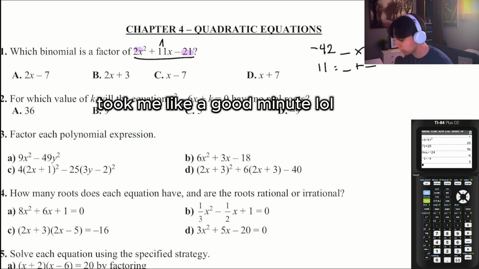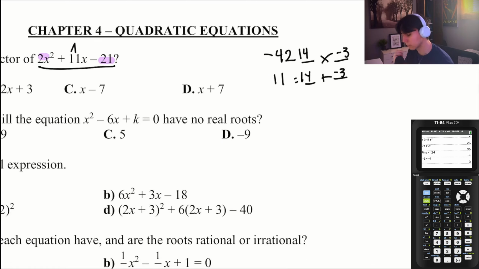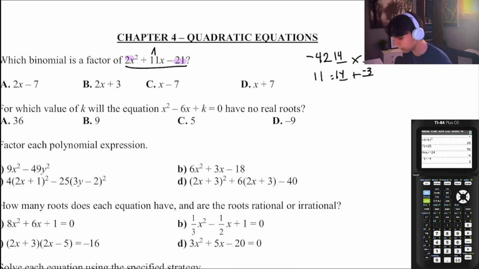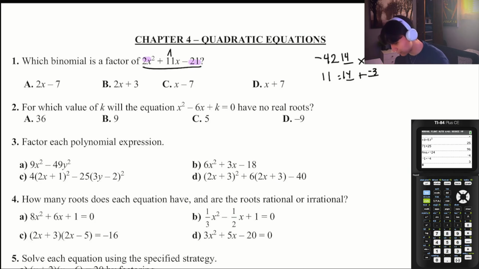So what I'm thinking here is that the 2 numbers are going to be 14 and -3, because 14 times -3 gives us -42, and 14 plus -3 gives us 11. Now that we found our 2 numbers, we have to split our middle term.